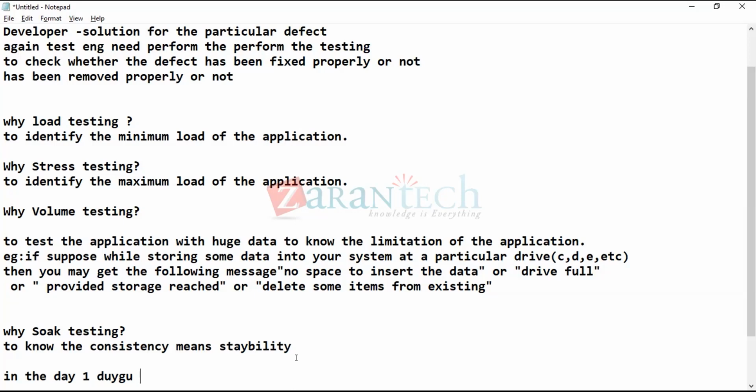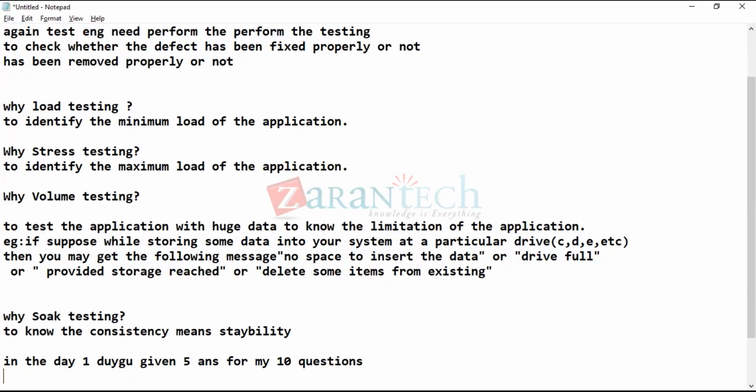In the first day, Duygu gave 5 answers for my 10 questions. In day 2, she gave 8 answers for my 10 questions.